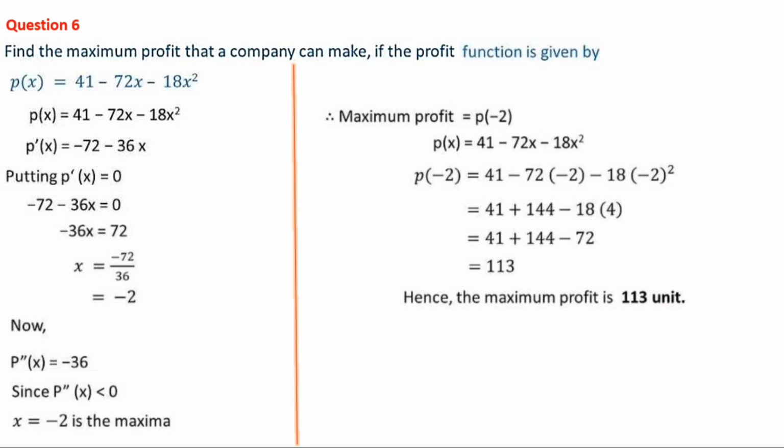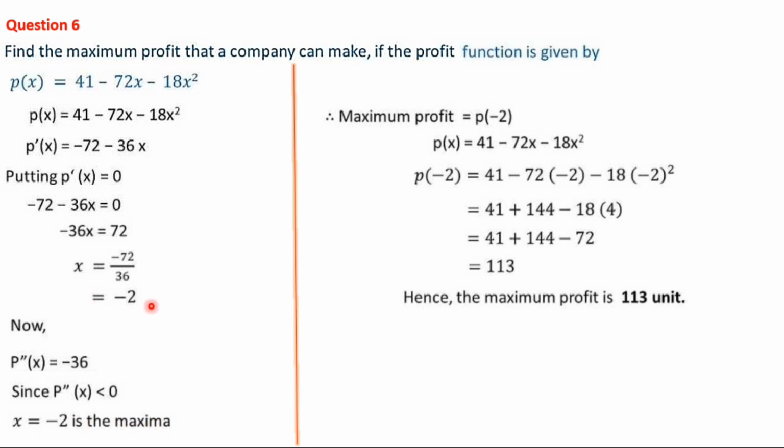So once again, just go through the process. Here we use the second derivative test. First of all, we have to write p of x and find out its derivative, and then equate it with 0. Find out the value of x. Then the second derivative we have to calculate. If it is less than 0, the point which we have got is the maximum.